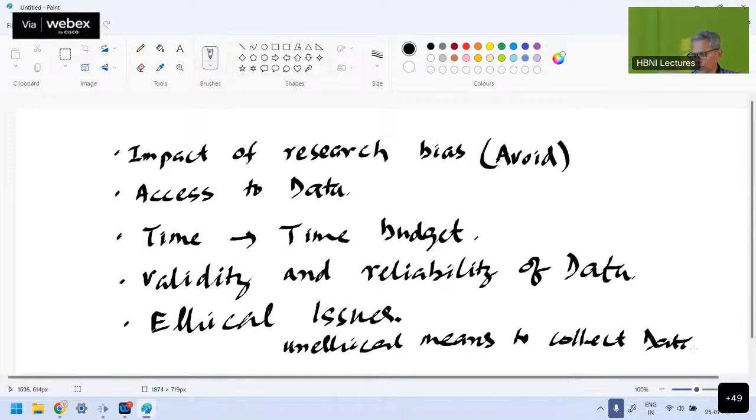You must tell your respondent how you have collected your data. And avoid plagiarism, don't copy from anywhere.